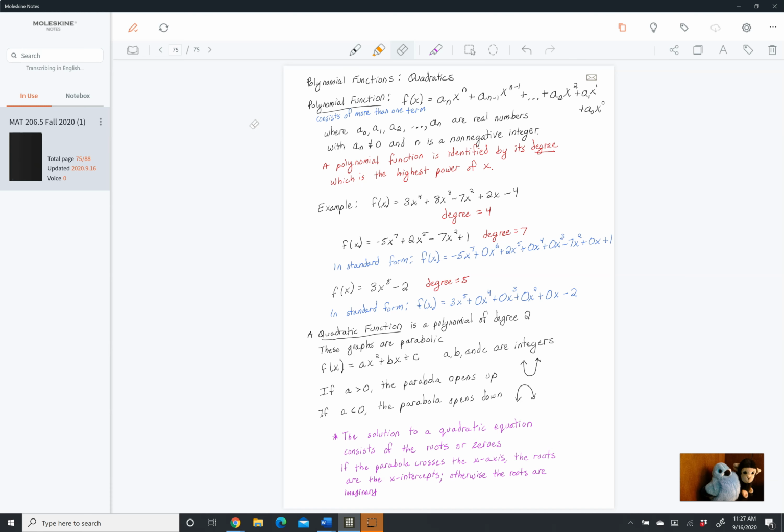Okay, so every parabola, every quadratic equation has roots, okay? And those roots are the x-intercepts. If this is a parabola that crosses the x-axis, you have some parabolas where it doesn't. So let's just take the three different instances, okay? The three different types of graphs.